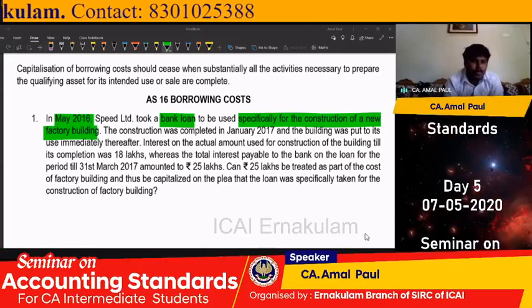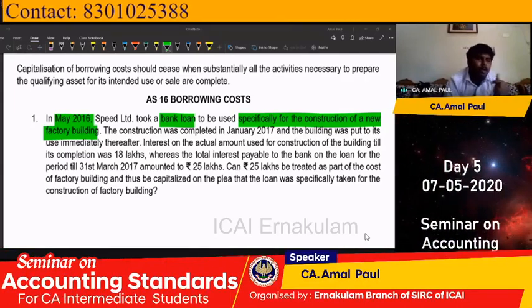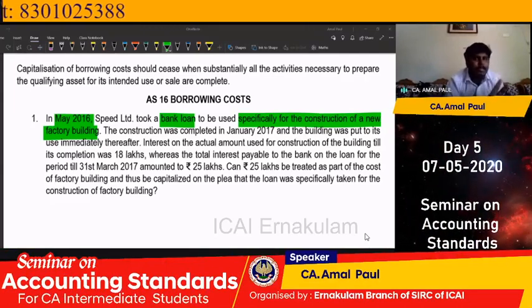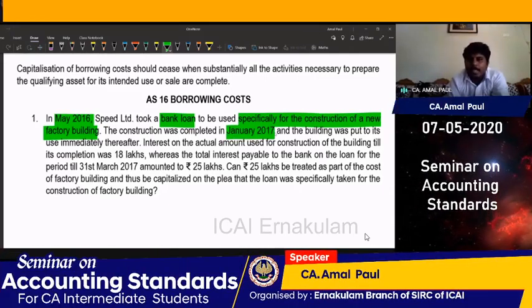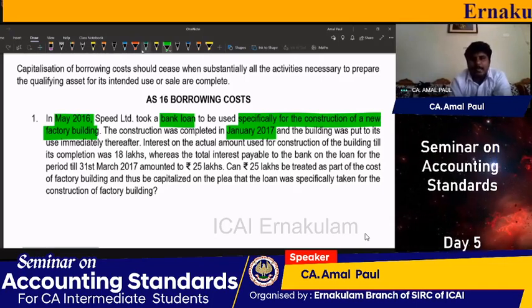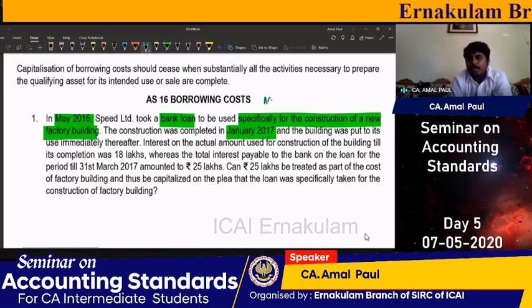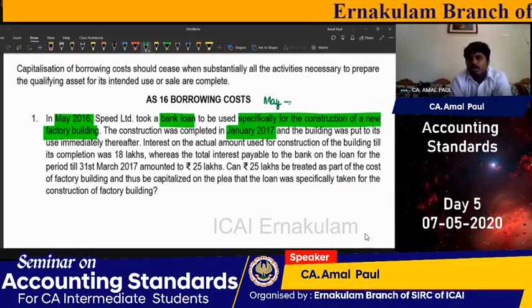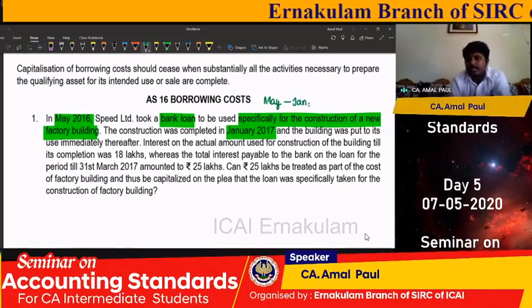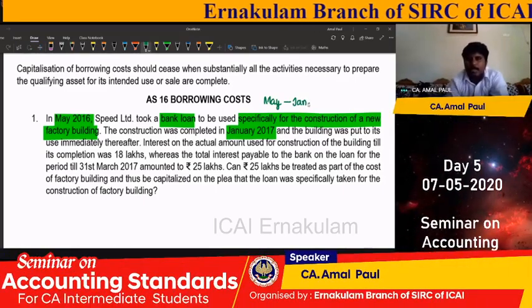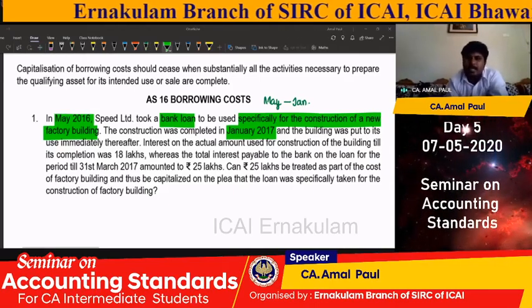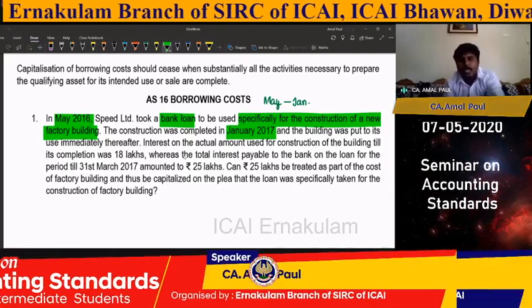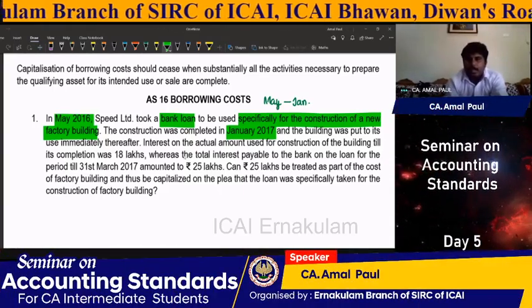But on a prima facie analysis, this will be a qualifying asset. Remember this first. The construction was completed in January 2017, and this building was also put to use immediately.